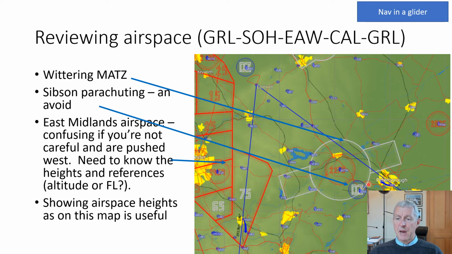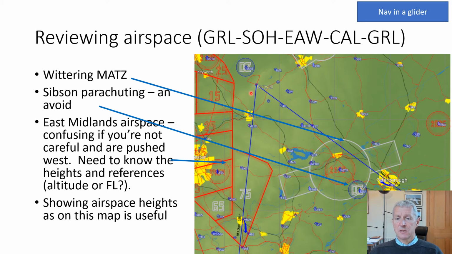We have the Wittering mats. Similar comments apply to the ones I've just made about Lakenheath. And we have the Wittering ATZ. We've also got a drop zone at Sibson. If we're a bit west of track, that might come in, and we don't want to fly through that without checking that they're not parachuting.